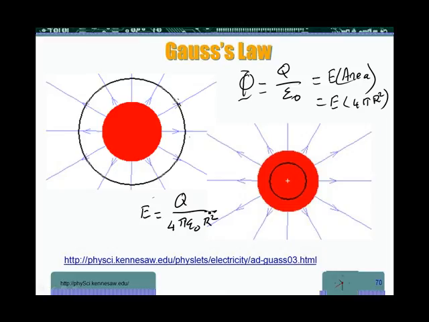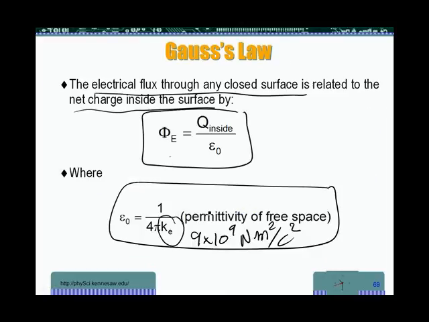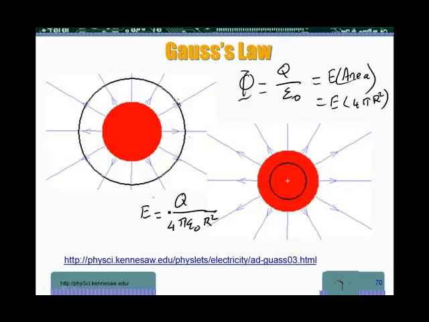Okay, now that's interesting. If you go back to this, that's where the 4 pi is. And actually this is going to give us the same expression that we used before for the electrical field. So the electrical field is not going to care if the charge is spread over an area this big or if it is all concentrated in the middle there.